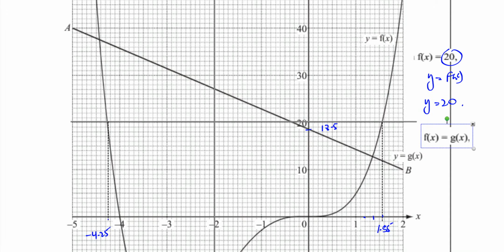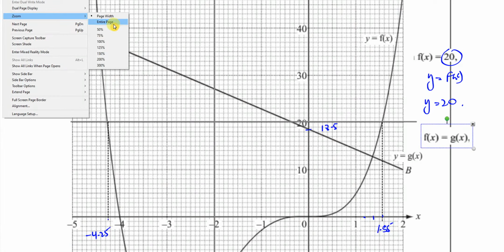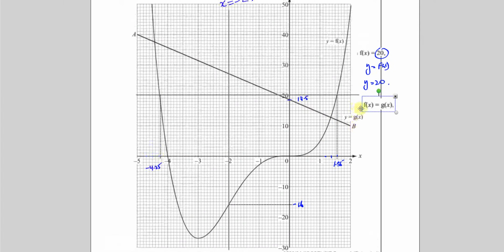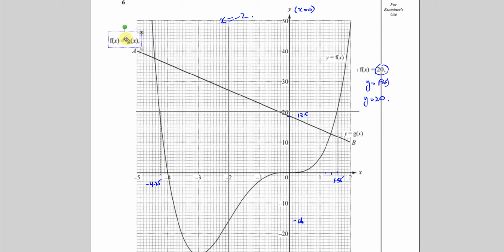That's where they're equal to each other. So let me just zoom out a bit. So we can see that f(x) equals g(x) is going to be where the 2 graphs intersect. So this is g(x) and this is f(x). y equals g(x) is like this. y equals f(x) is like this.